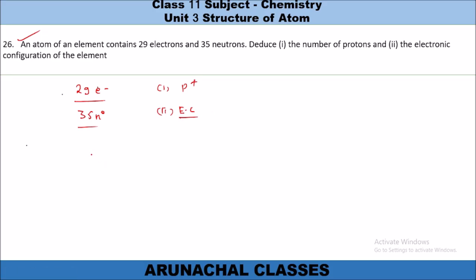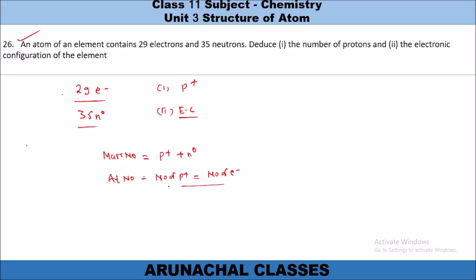So we know that mass number means number of protons plus number of neutrons, and atomic number means number of protons, which is equal to number of electrons if the atom is neutral.